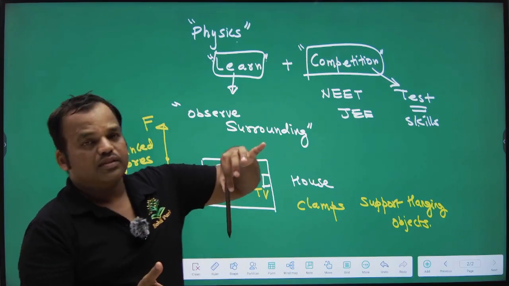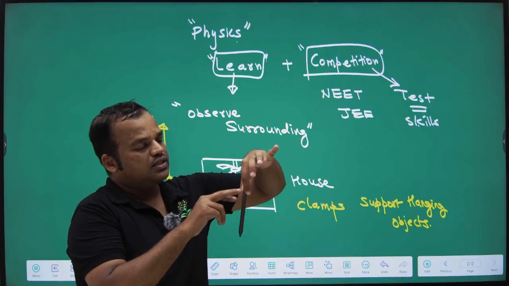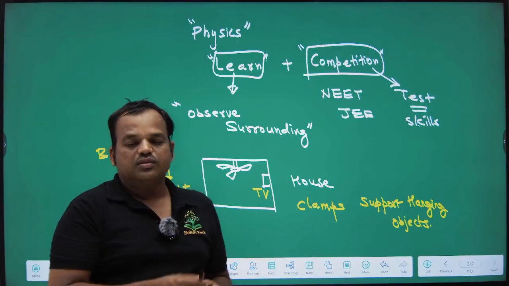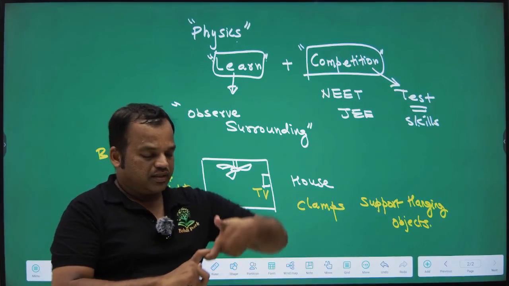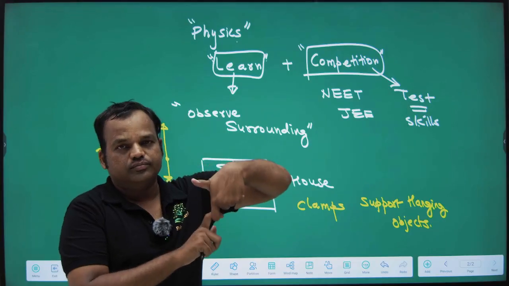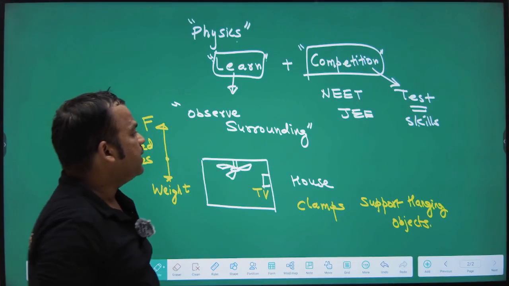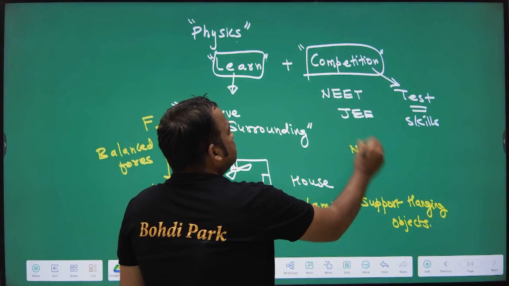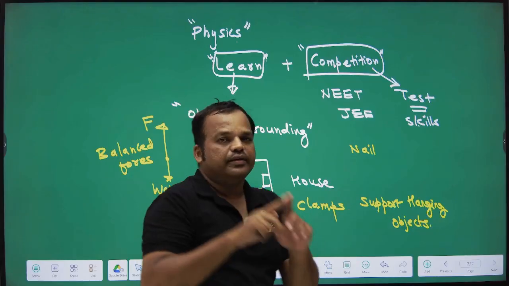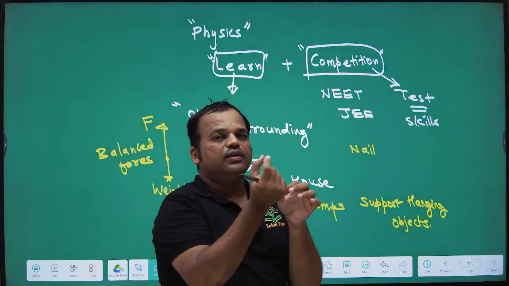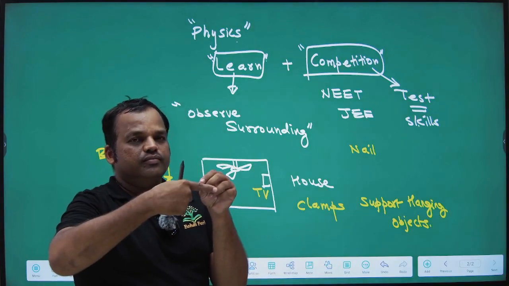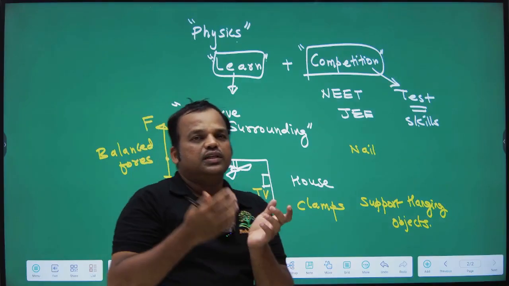Suppose I am holding this pen like this. These two fingers are acting as clamps. Sometimes the clamp looks like a hook, so we can call it a clamp. Or you have a simple nail and a ring. You can put a ring over the nail, and that ring is holding the object. So that ring becomes the clamp.